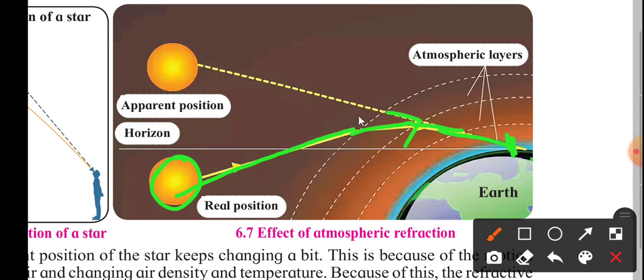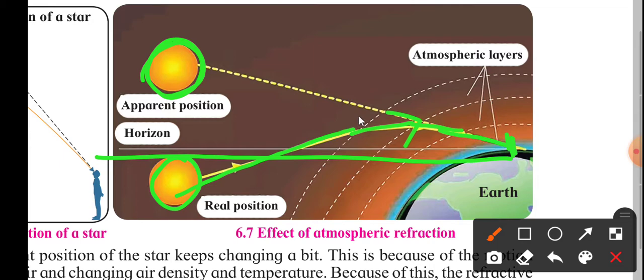Due to that, the observer observes the sunrise, but in actual position the sun is below the horizon. The horizon is nothing but the flat, straight line at the level of the observer's eye. So we observe the sunrise, or just the opposite at sunset.